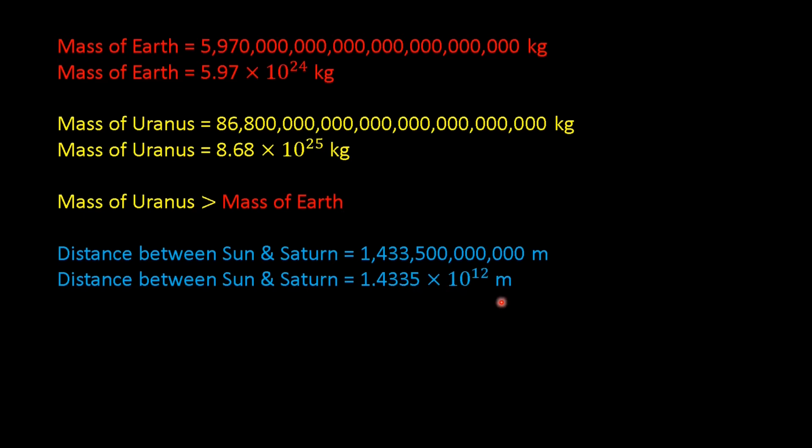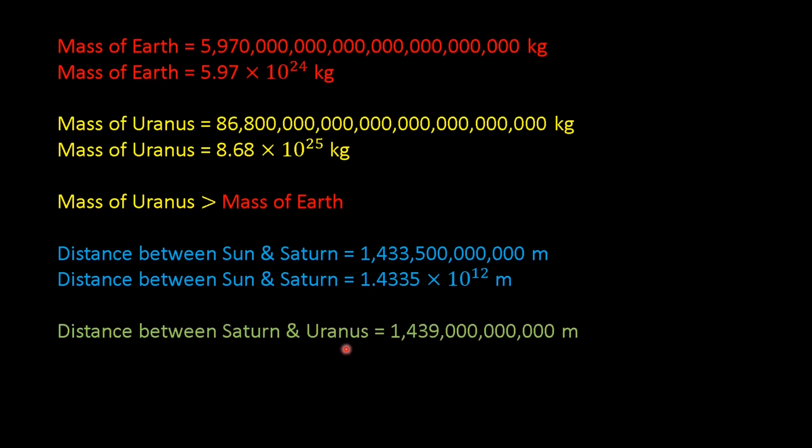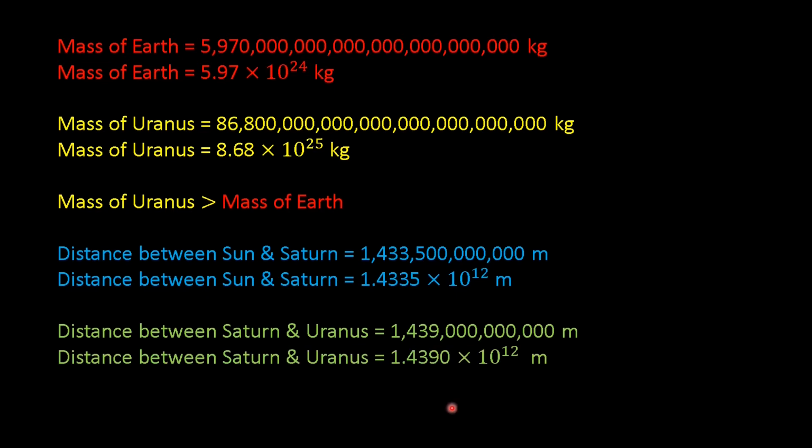For the comparison, let us consider distance between Saturn and Uranus, which is 1439 and 9 zeros next to that meters. Now we can write this large distance as 1.4390.